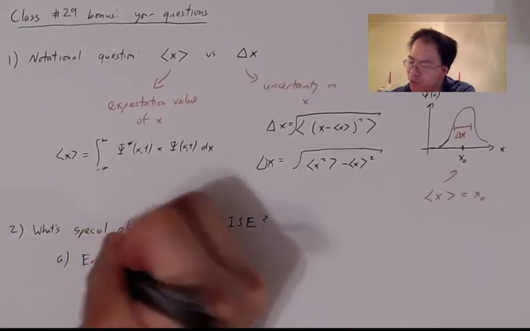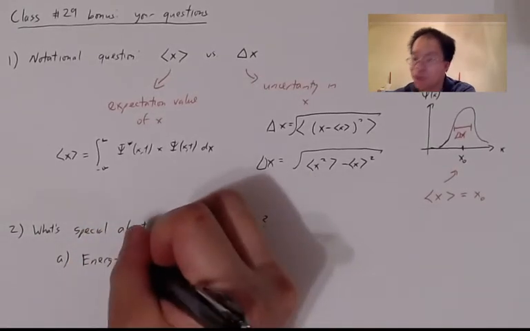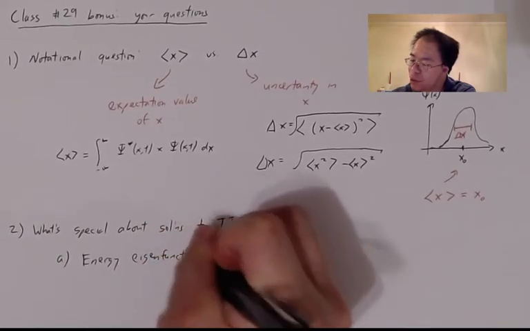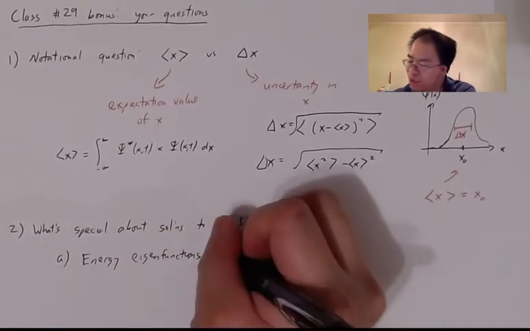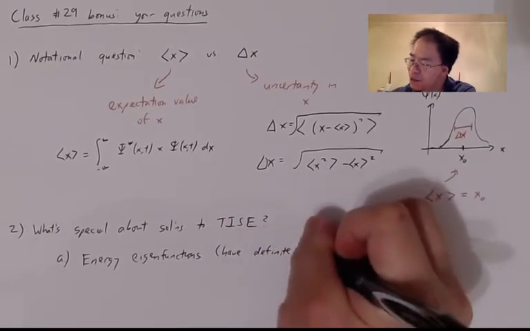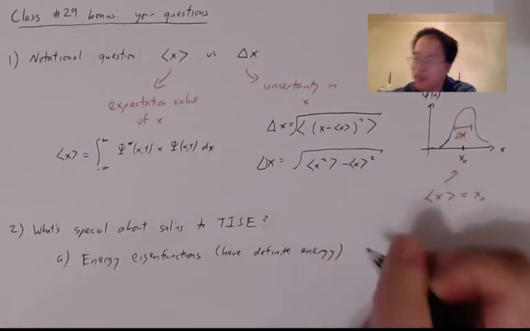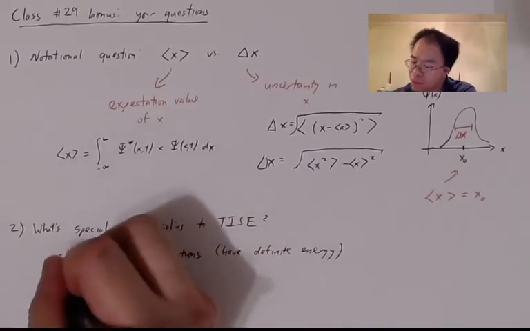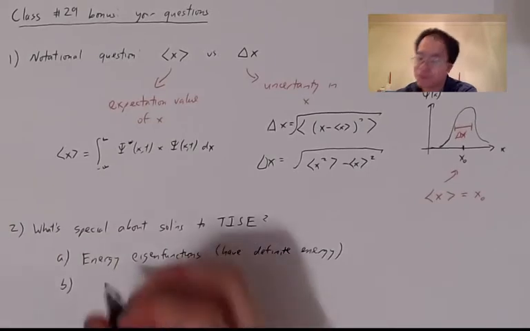Solutions to the time-independent Schrodinger equation are energy eigenfunctions. So they are wave functions that have a definite energy, number one. And number two, they time evolve in a really specific way.